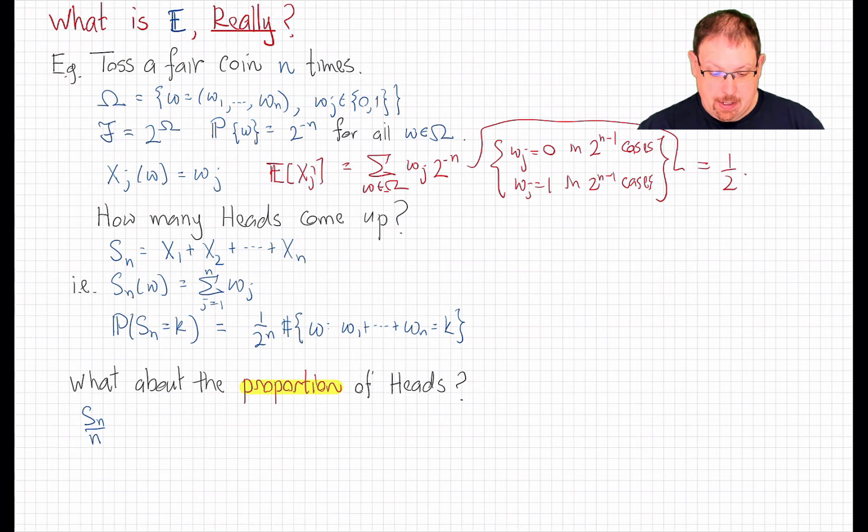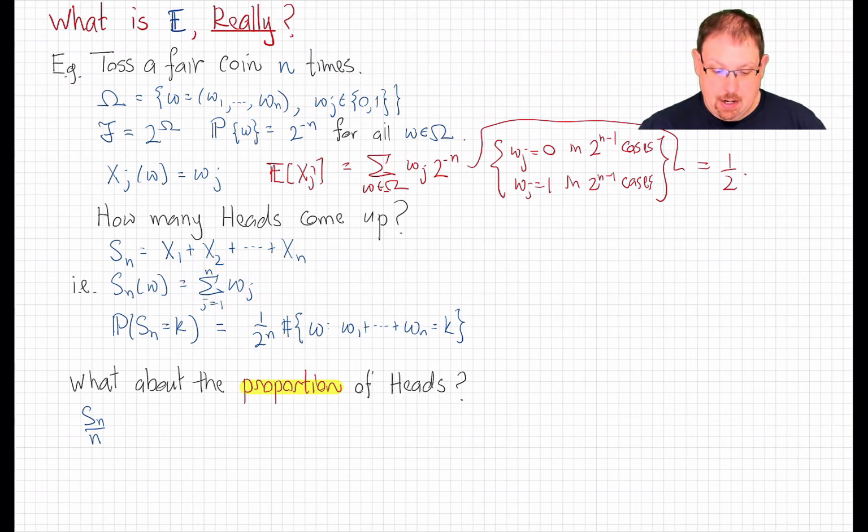But what does it mean that that expectation will equal 1/2? Well, let's count how many heads come up all together. That's the sum of x1, x2, up to xn. We'll call that random variable Sn, the sum. And so we can write it explicitly. Sn of the sequence omega is just the sum of the terms in that sequence.